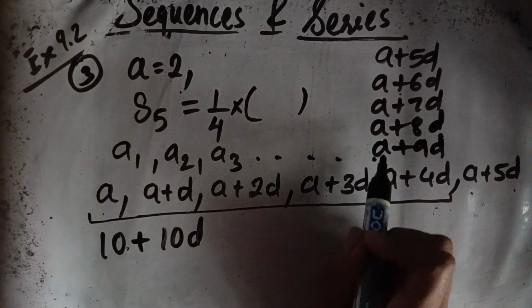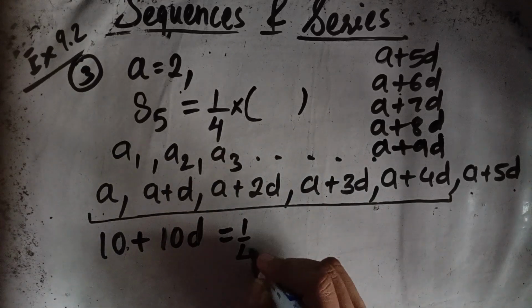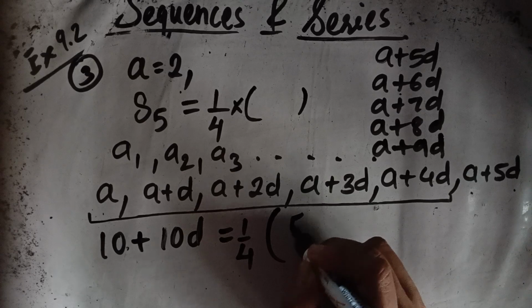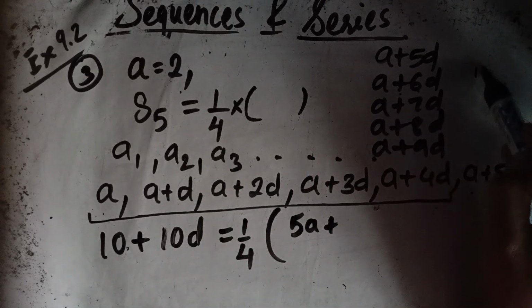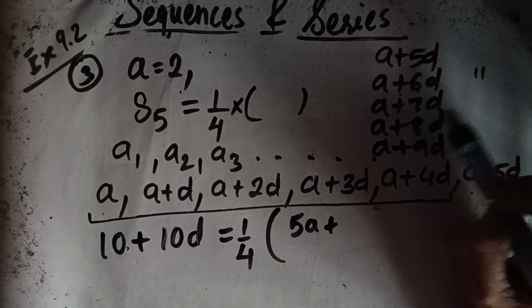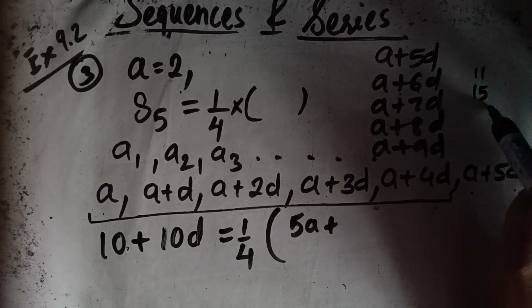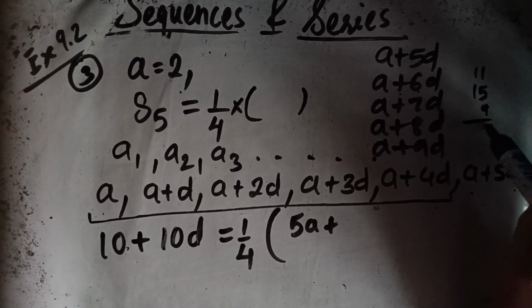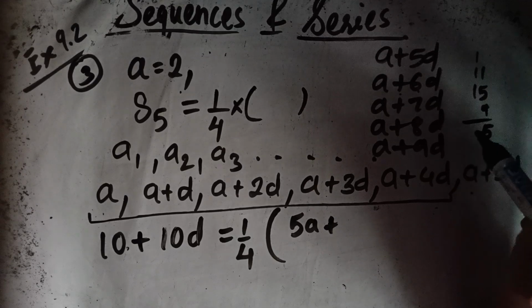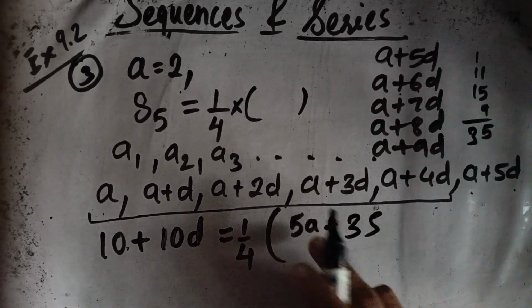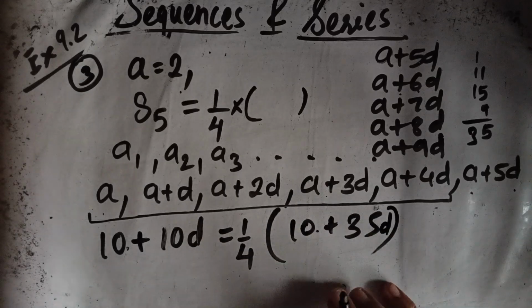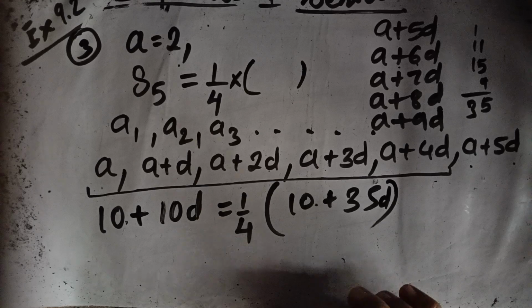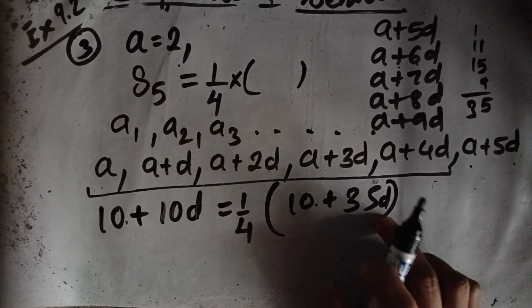So this is 1/4 of, again, 5a plus 35d, that is 10 plus 35d. This is the equation you have. You have to solve it for the value of d.